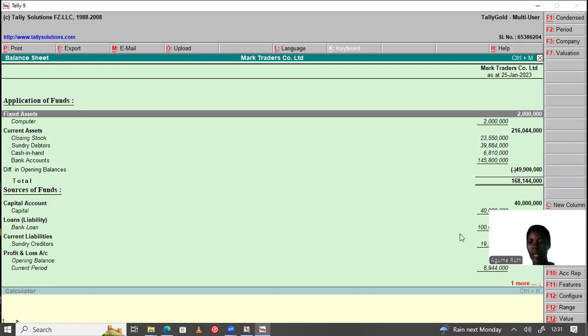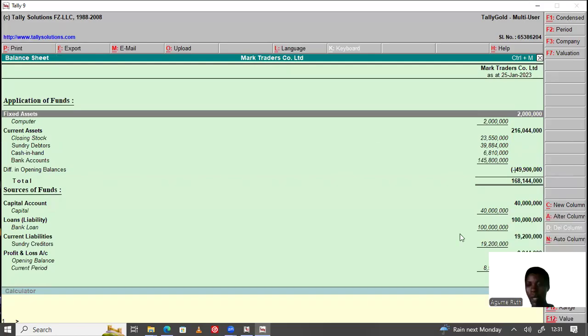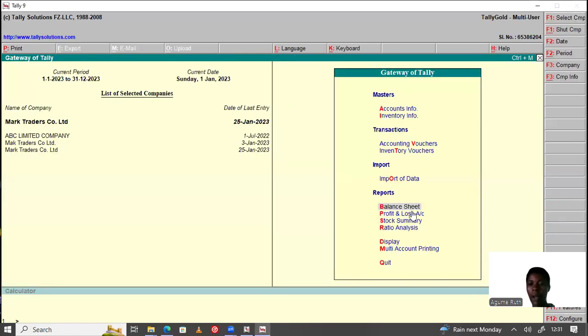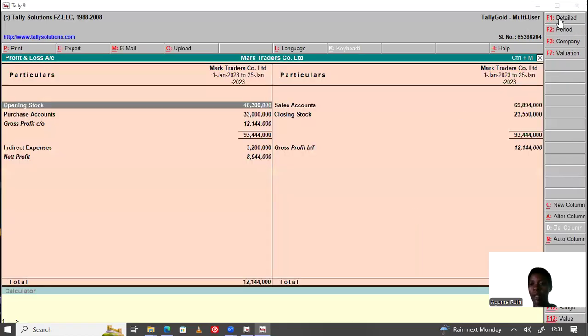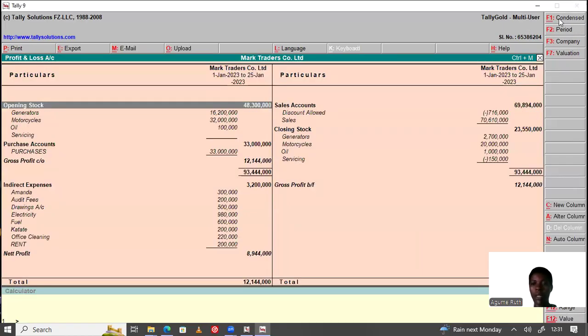And when you press on the detail, then you're able to view the details of all your information, all your transactions in the balance sheet. So when I go back, I go to the profit and loss, I still select detailed and I'm able to view all the details here.